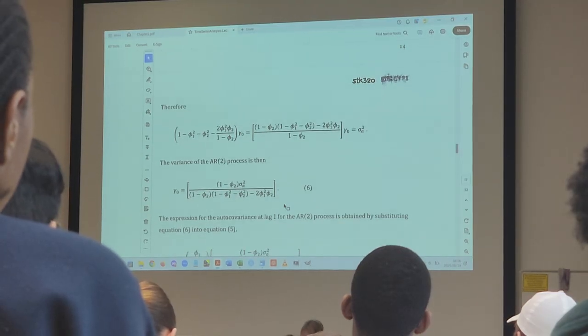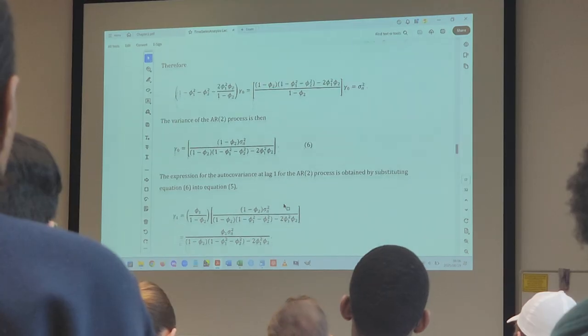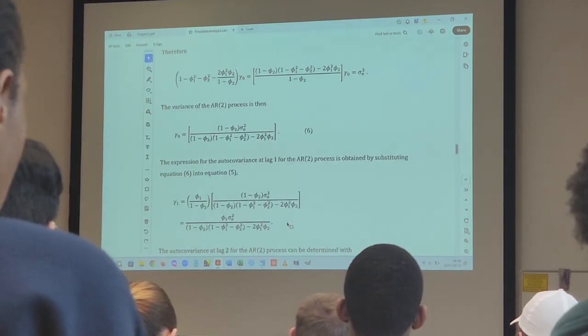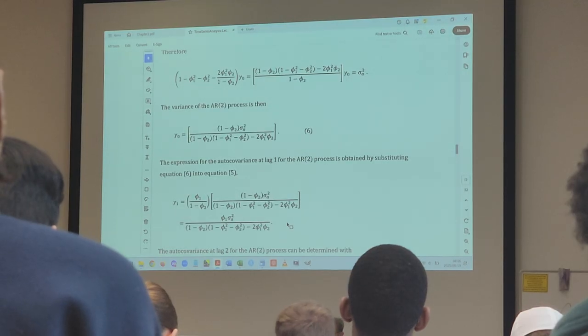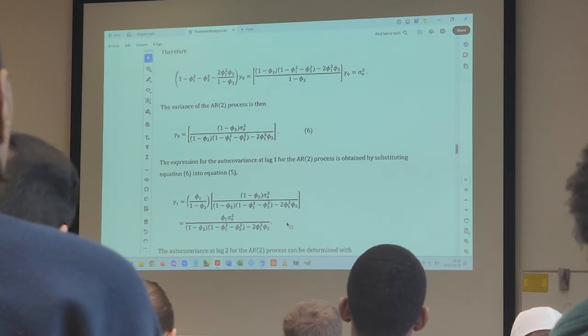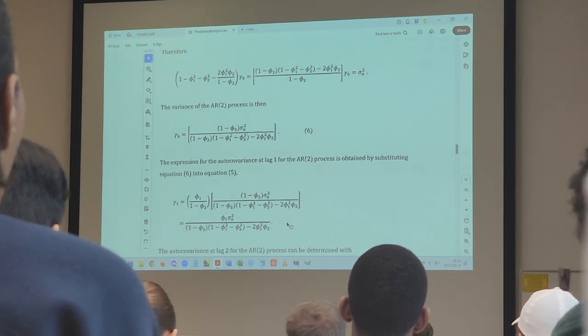But that is the variance, that is the lag 1 autocovariance, and then the recursive formula that we have there. Please don't memorize it. If you need it, I will ask you to derive it in the semester, or I will just give it to you.